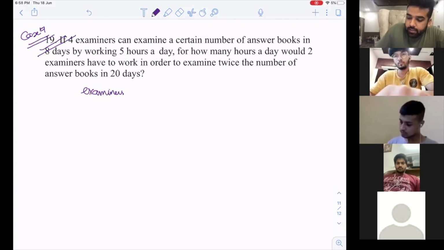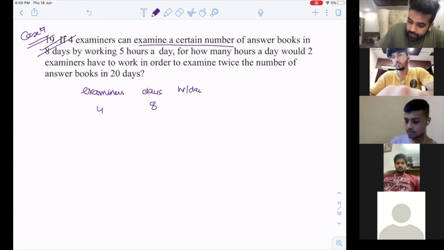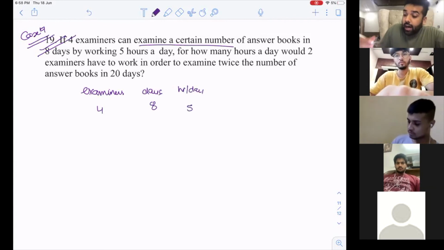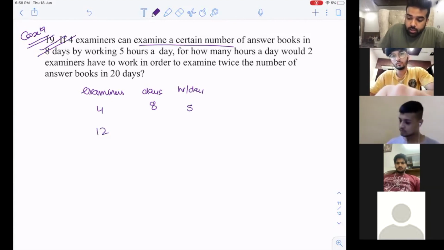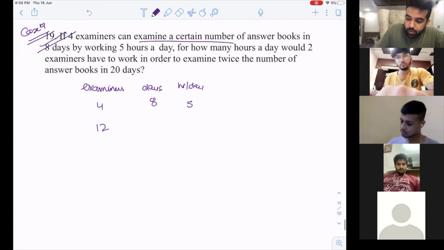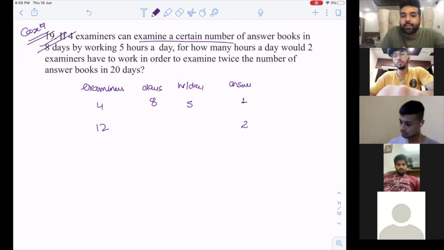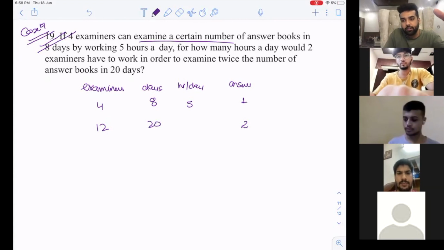Certain number of examiners can examine a certain number of answer books in 8 days, working 5 hours a day. For how many hours a day would 2 examiners have to work in order to examine twice the number of answer books? Here answer books were 1, here it will be double, a new factor, in 20 days. Is this clear or not?